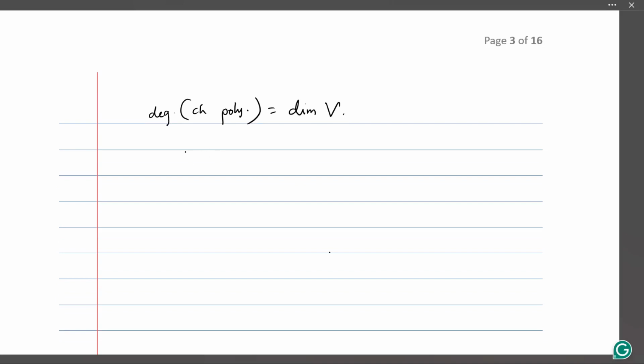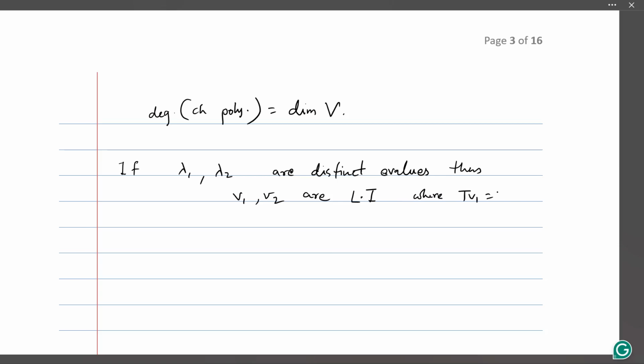What else? Okay, so another result: if lambda 1 and lambda 2 are distinct eigenvalues, then v1 and v2 are linearly independent, where T v1 is equal to lambda 1 v1, T v2 is equal to lambda 2 v2.